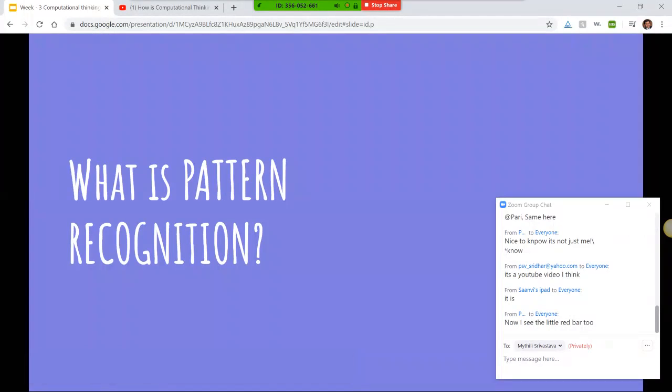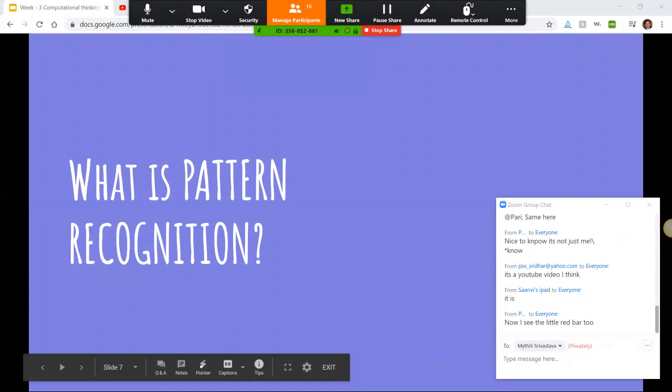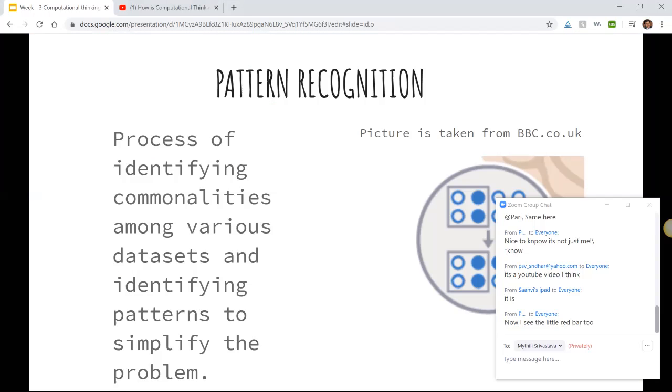Now, what is pattern recognition? Anyone? It's when you see a pattern, like if there's a problem, or there are past problems like this, and you see the pattern between them, which you could use to help you solve the main problem. Right. So if you have a large data set, you try to identify patterns, because when it is too large, it's hard to know where to start.